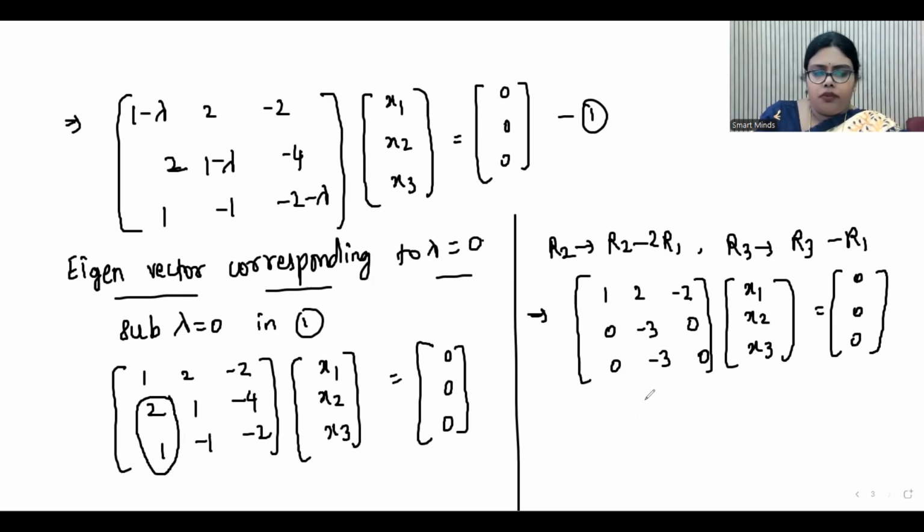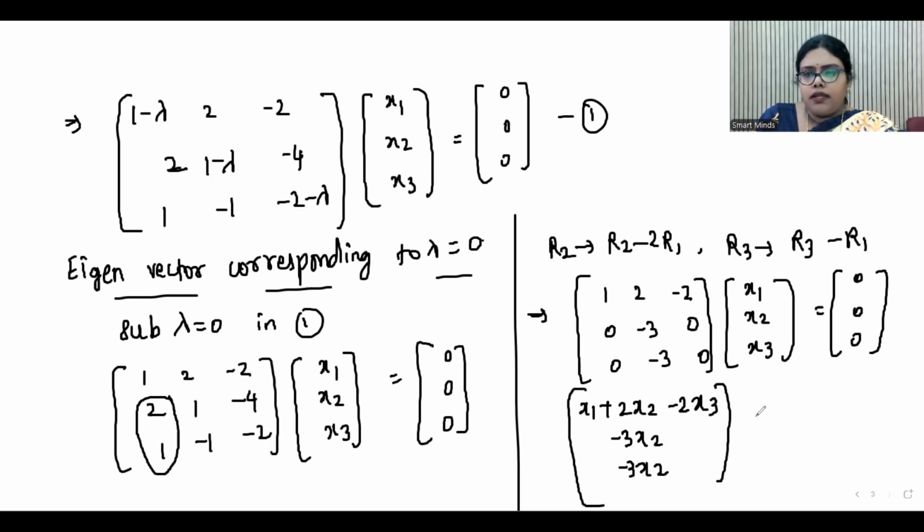Now if you multiply them, what do you get? x1 plus 2x2 minus 2x3, then minus 3x2, then here also minus 3x2, is equal to 0, 0, 0.